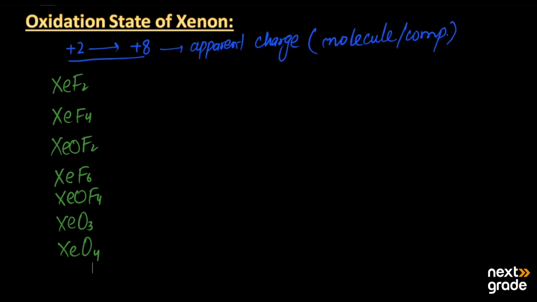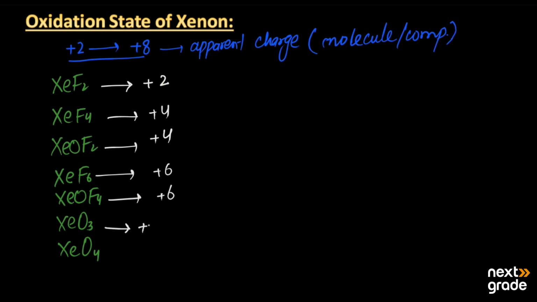Now the oxidation state of xenon will be +2 in XeF2, and in XeF4 it will be +4. Again in the oxygen compound it will be +4, and in XeF6 xenon carries +6, and here again +6, and when it has bonds with oxygen it will be +6, and in XeO4 its oxidation state will be +8. So the range is from +2 to +8.